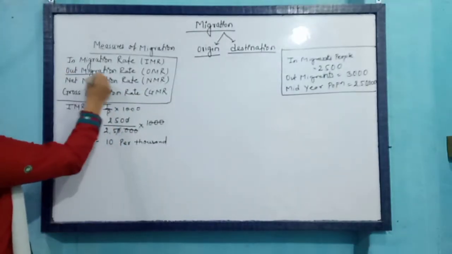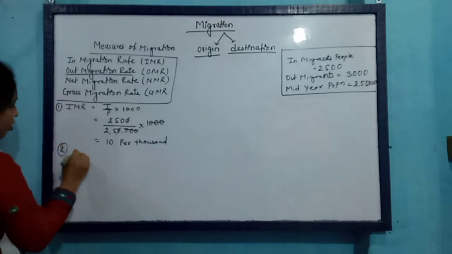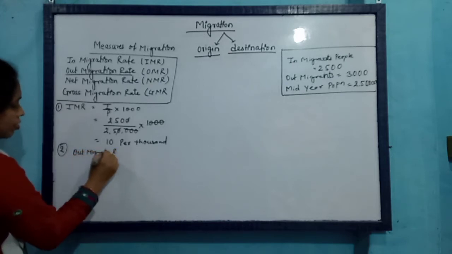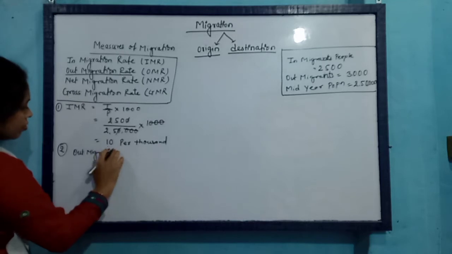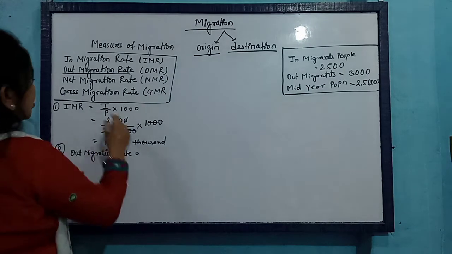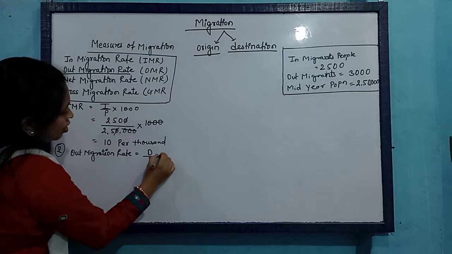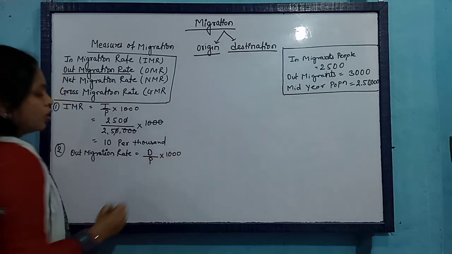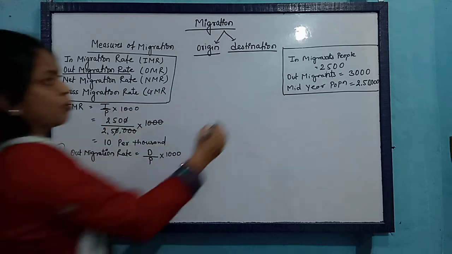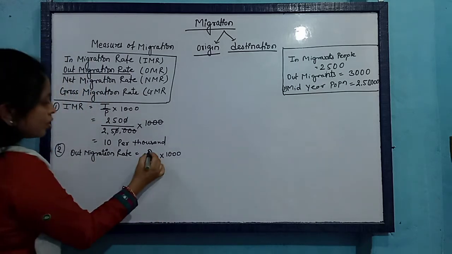Another formula is the out migration rate. It is O by P into 1000, where O is equal to out-migrants, P is equal to mid-year population, and 1000 is a constant.